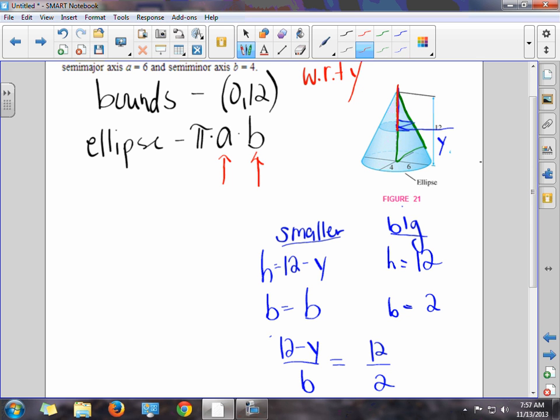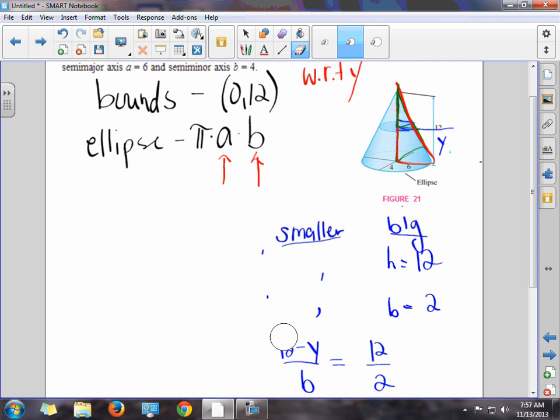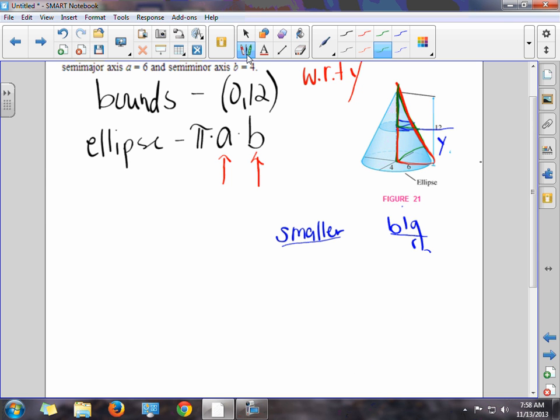So now this is my triangle. This is my smaller triangle. I'm just going to erase what I wrote here so I can fill it in for the other. The height for this thing is still 12 minus y, so I shouldn't have changed that. But the base is now going to be the semi-major axis.